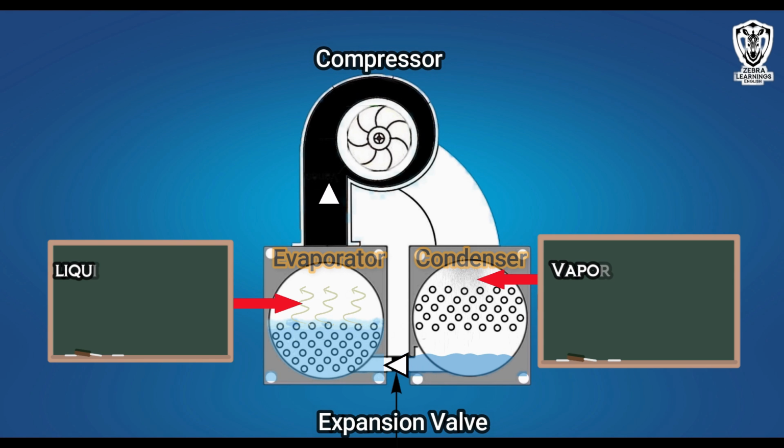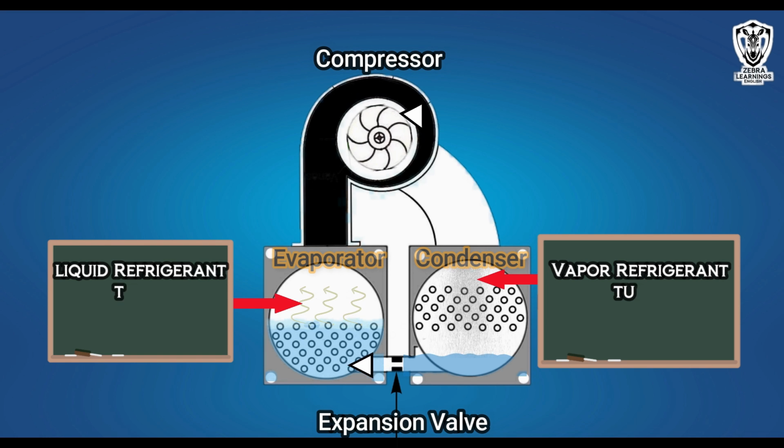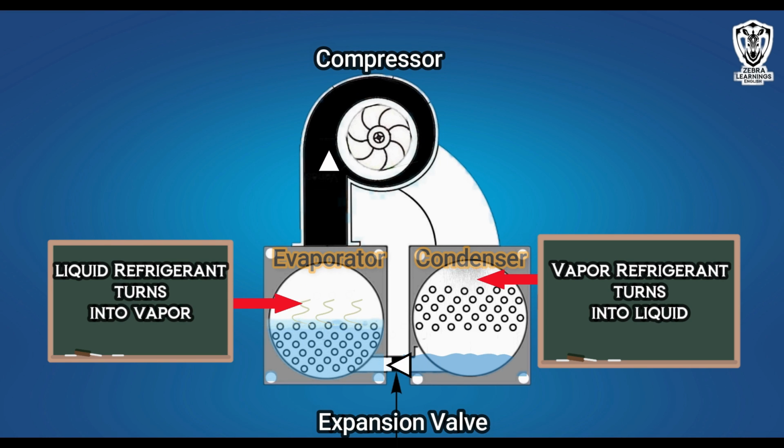The compressor continues to send the vapor refrigerant from the evaporator to the condenser. In the condenser, all the vapor is cooled by the water that comes from the cooling tower, converted into liquid, and then sent to the expansion valve.